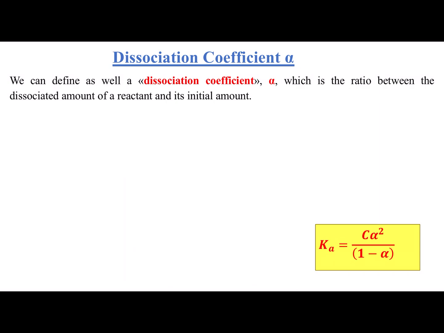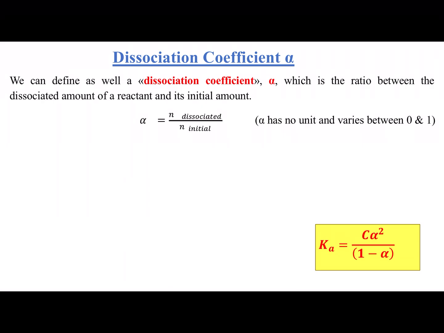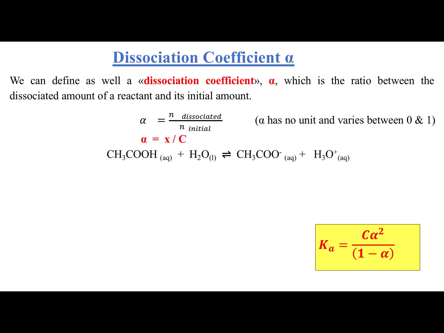Which gets me to the next point, dissociation coefficient alpha. Already we know that alpha is X divided by initial concentration. So it's n moles dissociated divided by the n moles initial, which is X divided by C, or concentration dissociated divided by concentration initial.